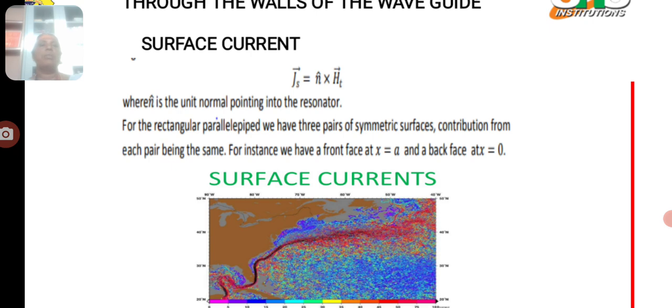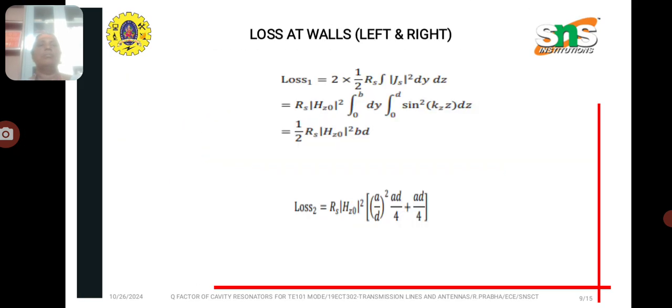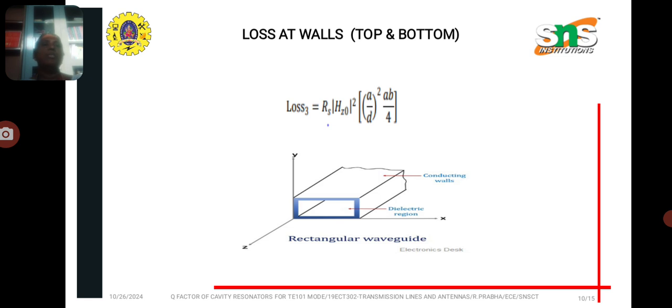For the rectangular parallelepiped, we have three pairs of symmetric surfaces, with each pair being the same. For instance, we have the front face at x equal to a and the back face at x equal to 0. By calculating in this way, the loss is given by Rs H2b the whole square multiplied by (a by d) the whole square plus a by d plus a by d by 4 plus a by d by 4, and so on.